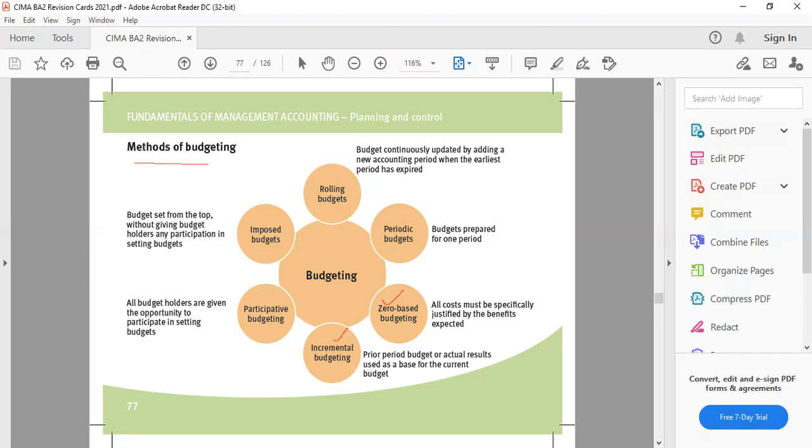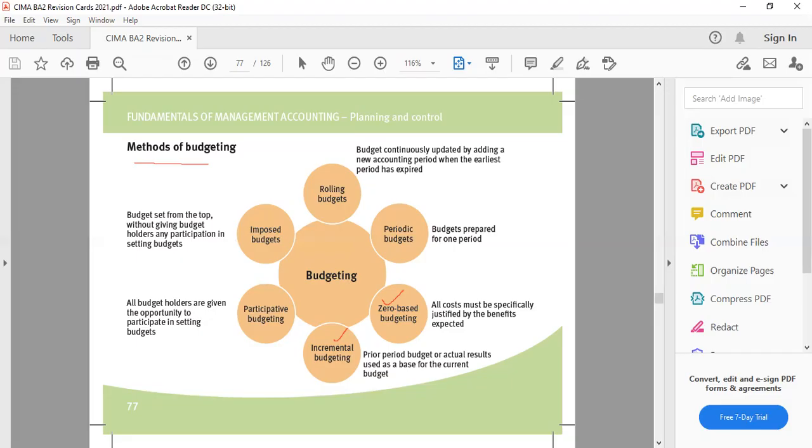Incremental budgeting is easy to prepare because there is already a base. They just have to make certain changes, so it is easy and simple to prepare. But let's say that in the past budgets there were some inefficiencies and excess costs included. Then that inefficiency will continue into the future also, because they do not look into the budget figures intricately or make any amendments.